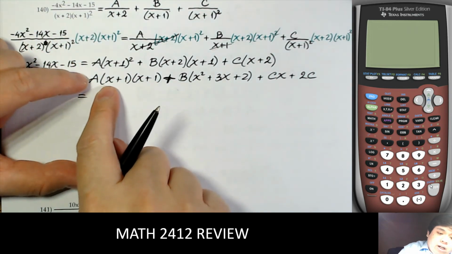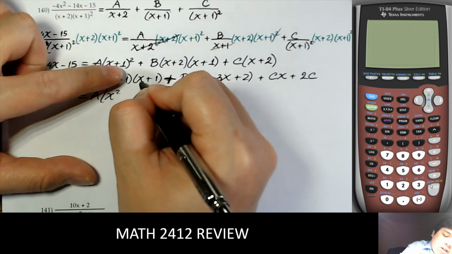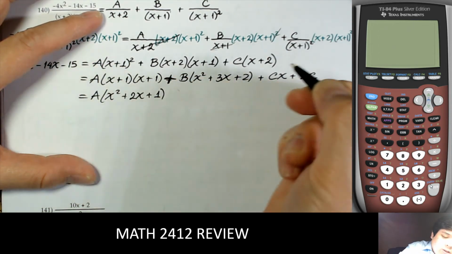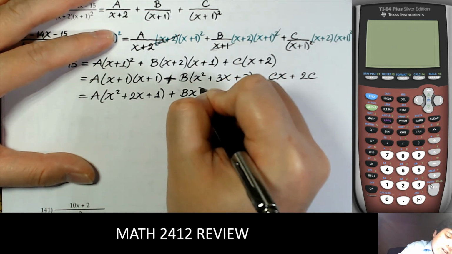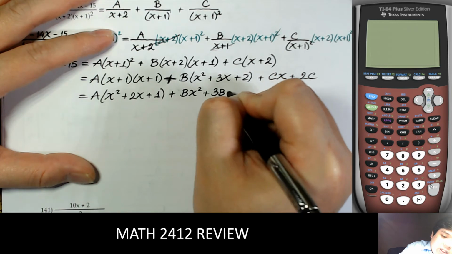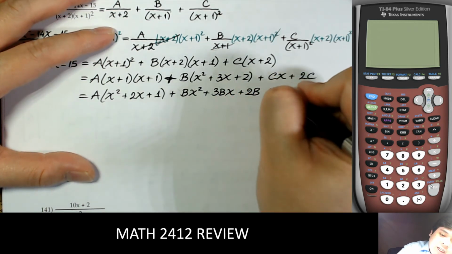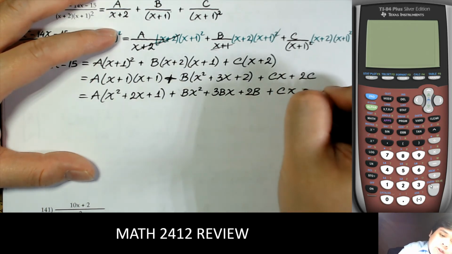Right, x squared plus x plus 1, and then bx squared plus 3bx plus 2b, and then cx plus 2c.